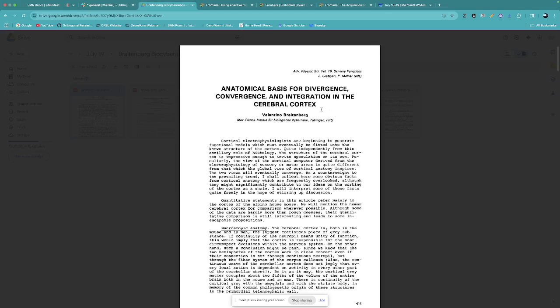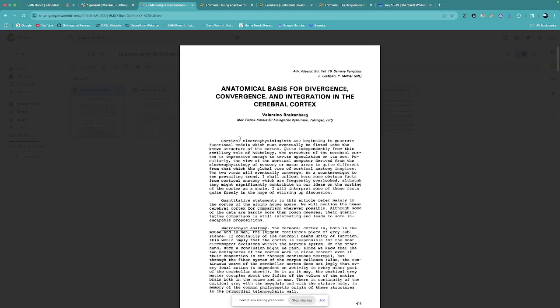So his concern here was looking at the anatomical aspects of cerebral cortex, and then looking at the electrophysiology of it and the anatomy and how that comes together.